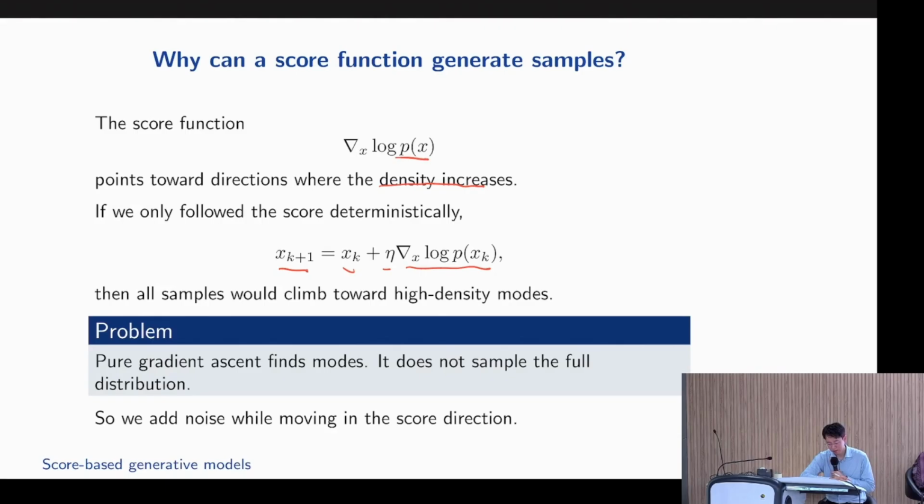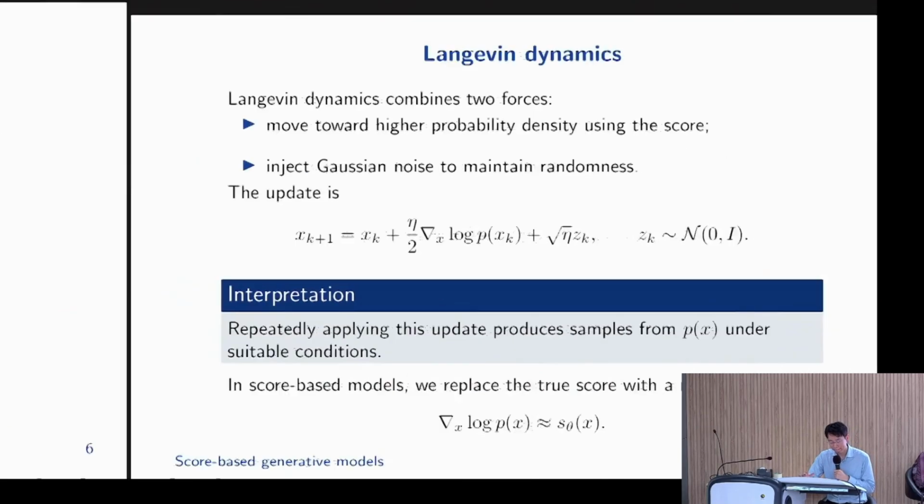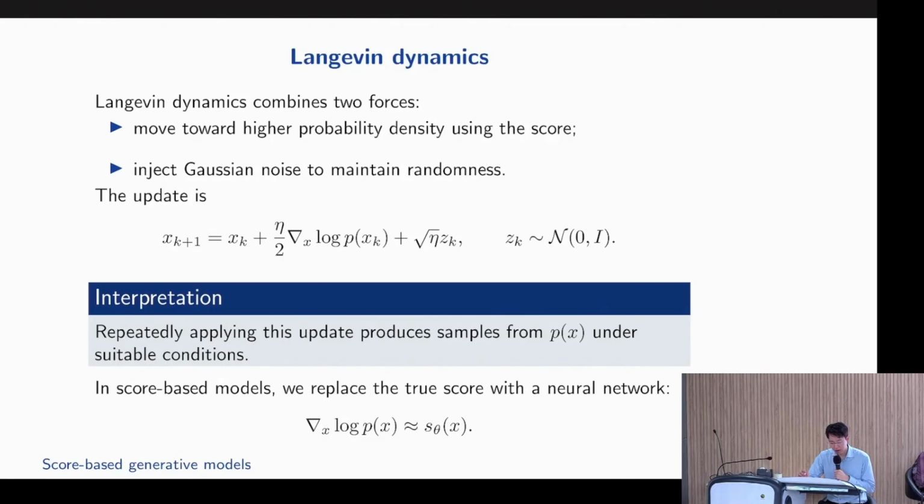So the logical choice would be to add noise while moving in the score direction. So that's what Langevin dynamics does. It moves towards high probability density using the score here. And second, it injects the Gaussian noise to maintain randomness.